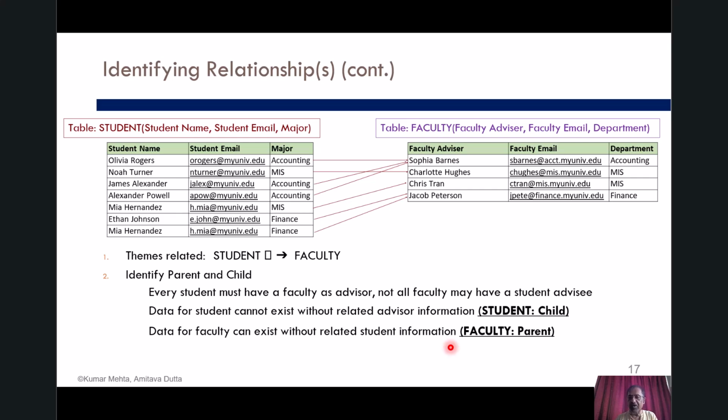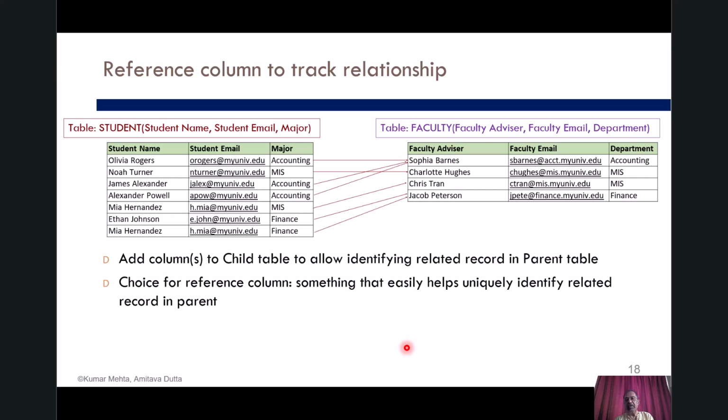A database is a collection of related objects, related themes. If there's no relationship among any of the themes, then it doesn't make sense for them to be part of the same database.